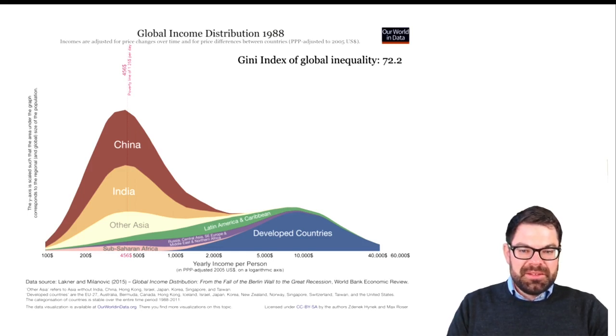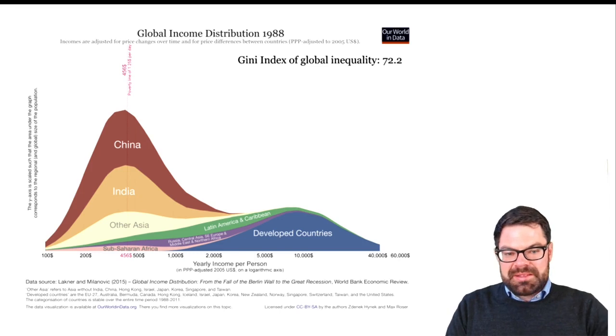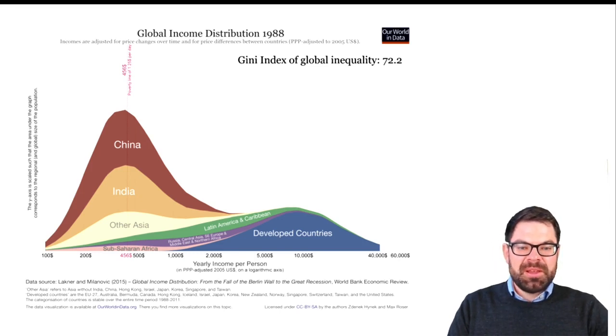In fact, the world over the last 20-25 years has become a more equal place, believe it or not. So what we see here is the distribution of annual incomes, and it's standardized to 2005 US dollars. And it's the distribution of the entire world population.